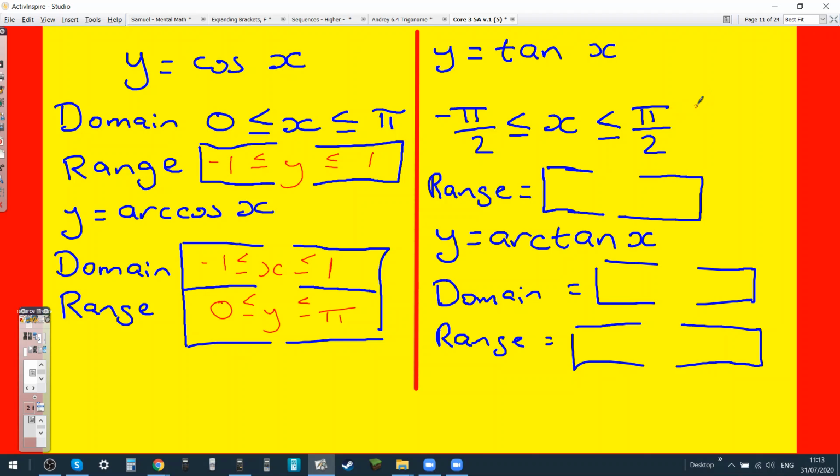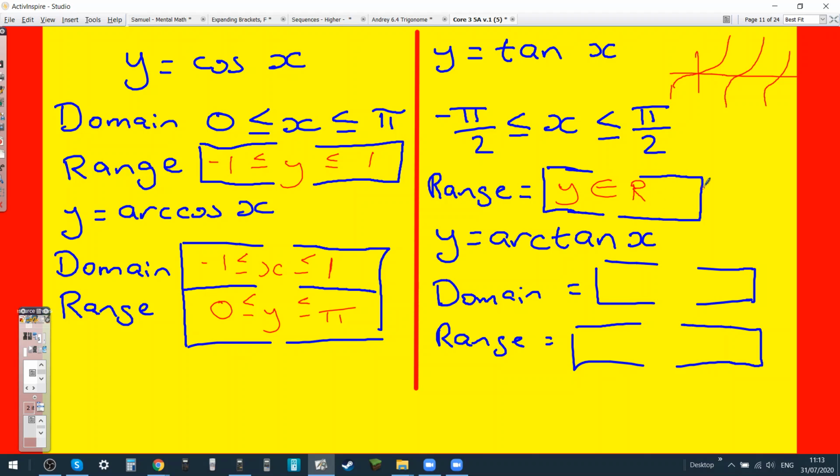Tan. Very tricky. So the tan graph is that one, going from positive infinity to negative infinity. Any idea how you would express that? That's y is an element of the real numbers.